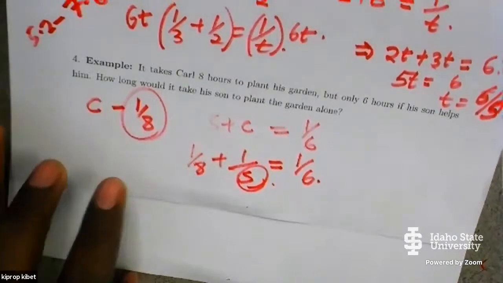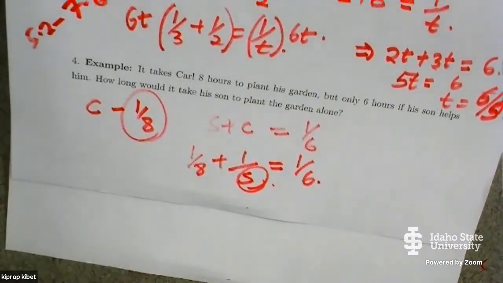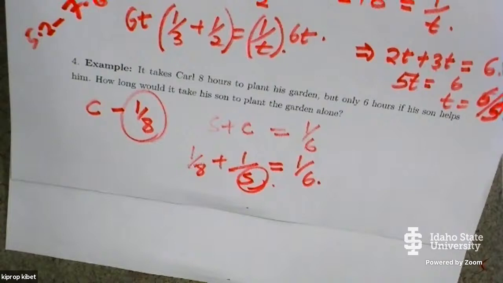Because this is the time for what? Carl will take 8 hours to complete the whole job, and if he does it with his son, they will complete it in 6 hours. So what is the time that the son will take to complete the job?